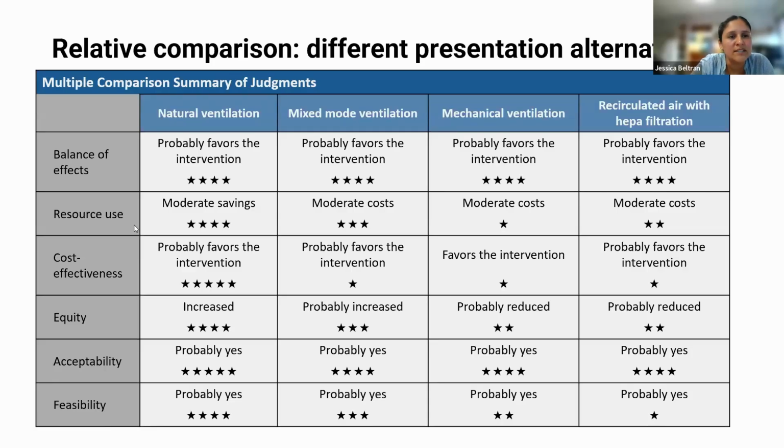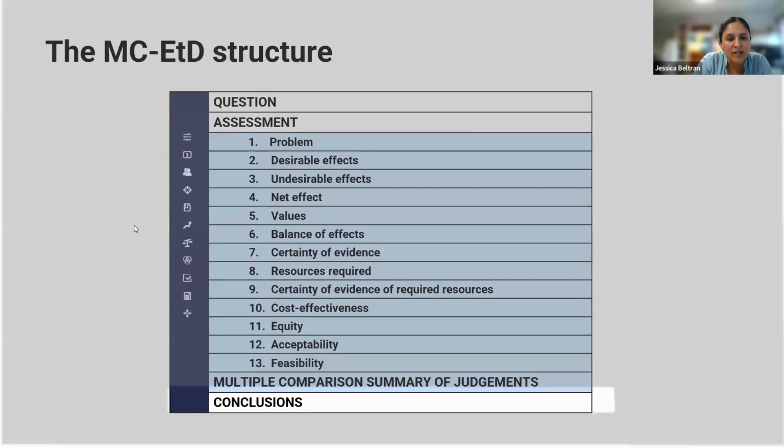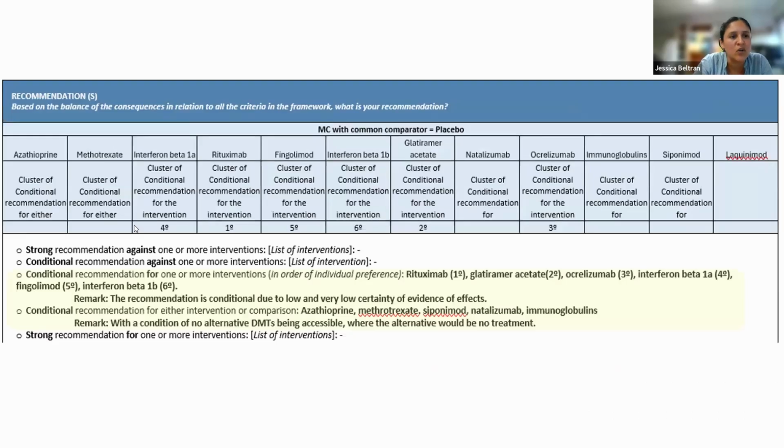This was a tuberculosis guideline where we can see modes of ventilation, 4 modes of ventilation, and they were evaluated, and their order of preference was depicted using stars. To conclude, in the conclusions, we formulate the recommendations following the same groups that we usually do, strong or conditionally against or in favor.